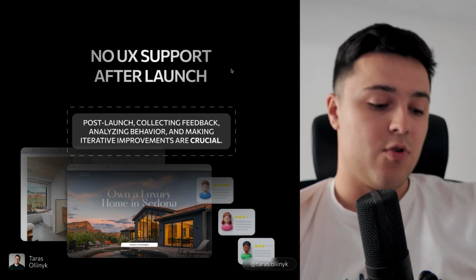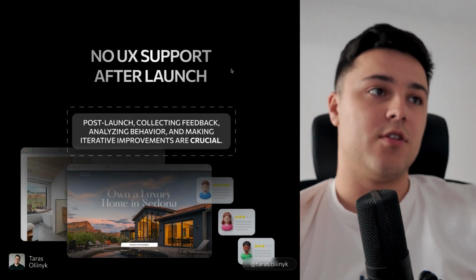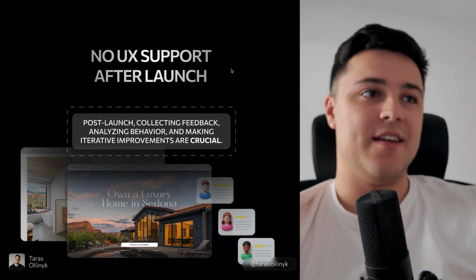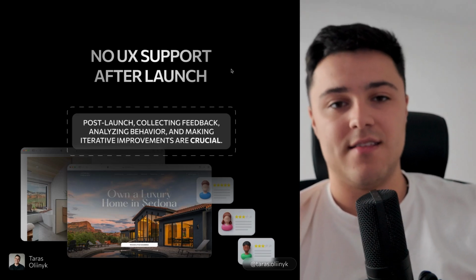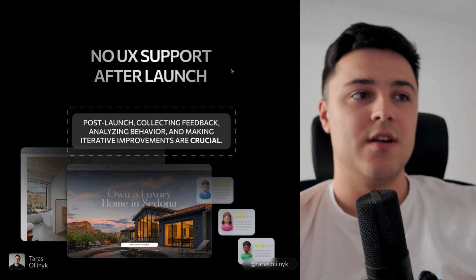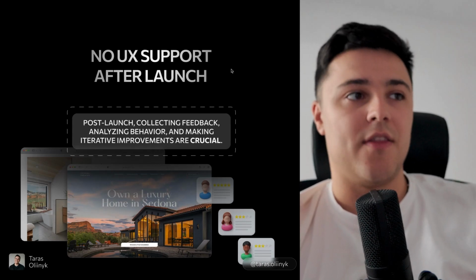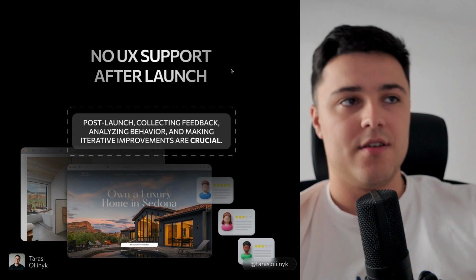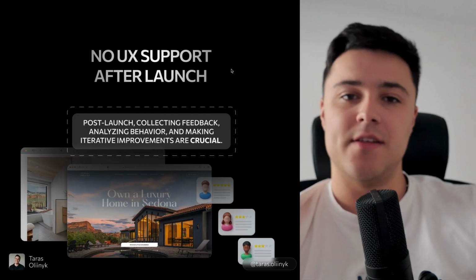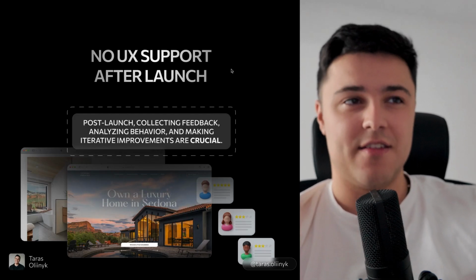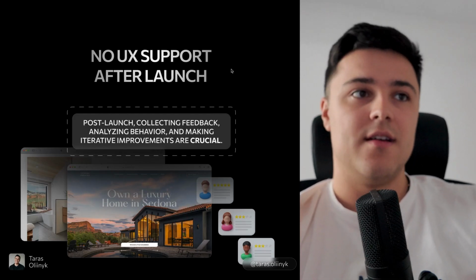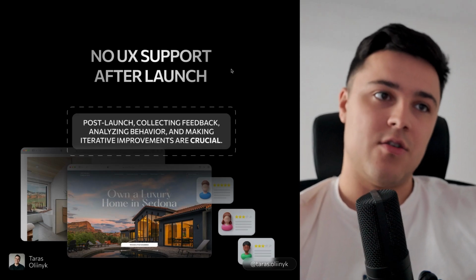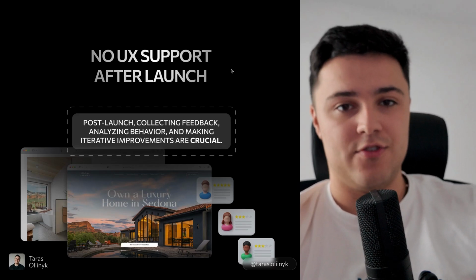The next one is, of course, no UX support after launch. Usually when people launch an MVP, they think, cool, it's done, let's make some money and build something new. They make something new, and after that their bounce rate goes crazy. So when you launch something, please collect feedback, analyze behavior, track analytics, explore your heat maps, and then use all this data to make a new version.